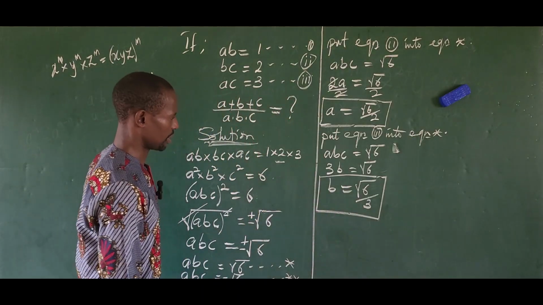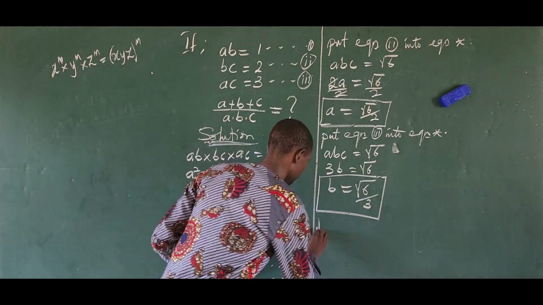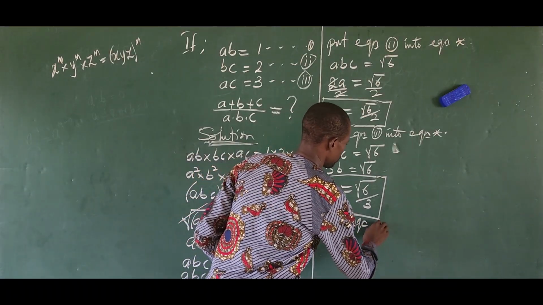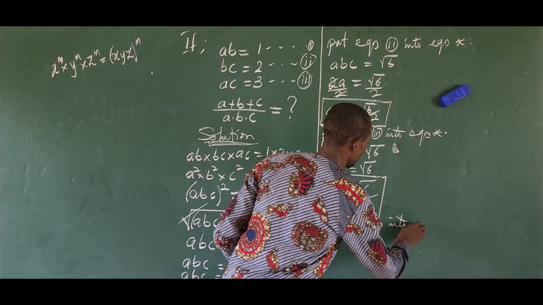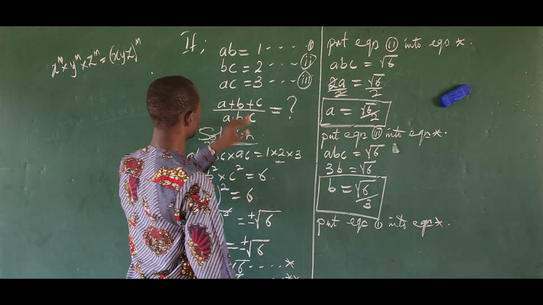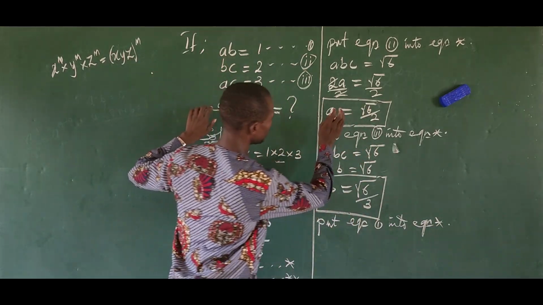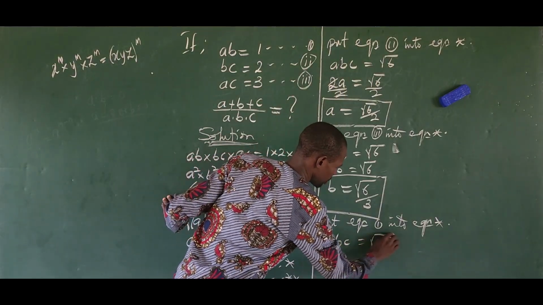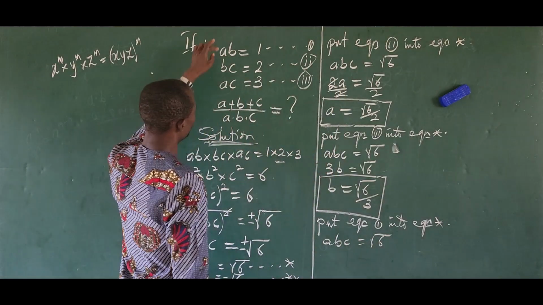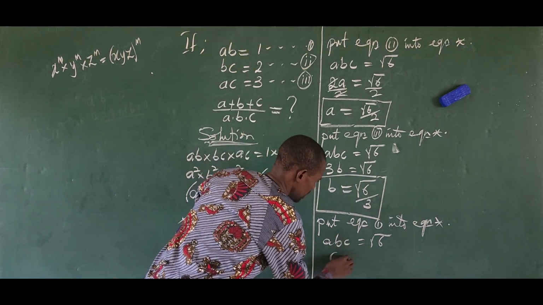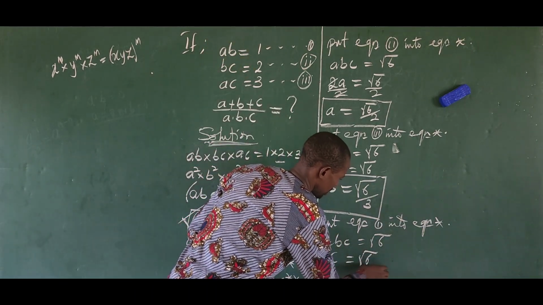Right? Good. Now we do that for the last one. This time, we put equation 1 into equation star. Look at our equation star again. Our equation star is ABC equals root 6. So AB is equal to 1. So this will give us C with the left hand, we have root 6.